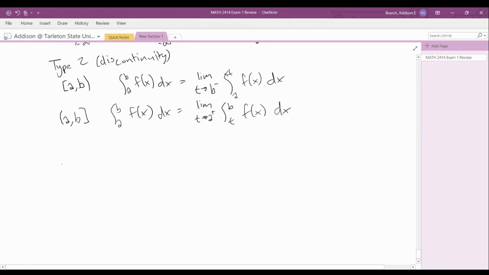Let's say f is continuous until it hits c, and then it stops being continuous at c, and that's the only point within your bounds where it has a discontinuity. If you have a discontinuity between your a and b, you're going to have to once again break this up into two separate ones.